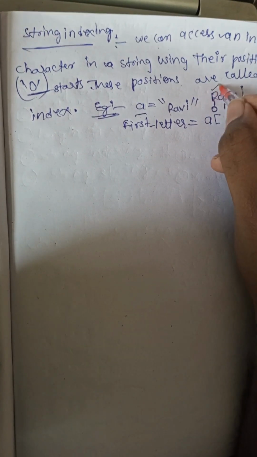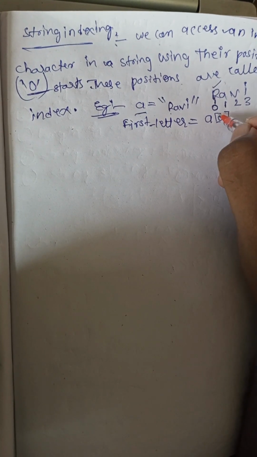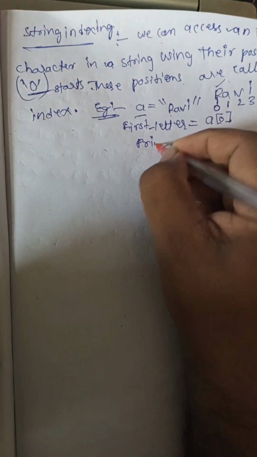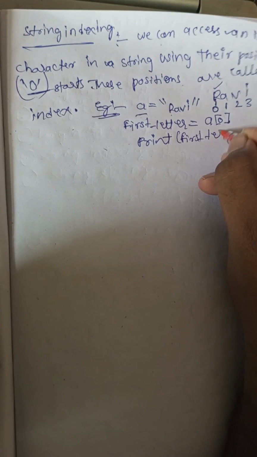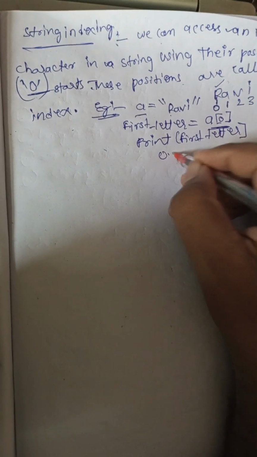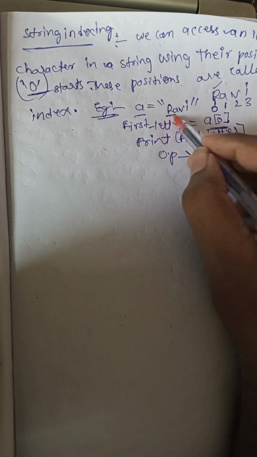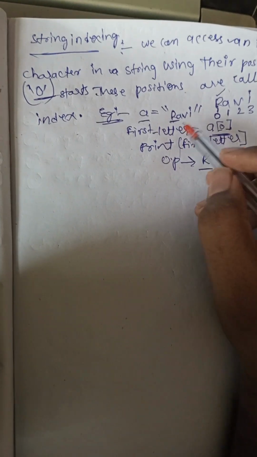I want this first letter, so I am using index 0 here, closing with square brackets. Later I am printing this first letter. What will I get? The output should be R. In this way string indexing is done.